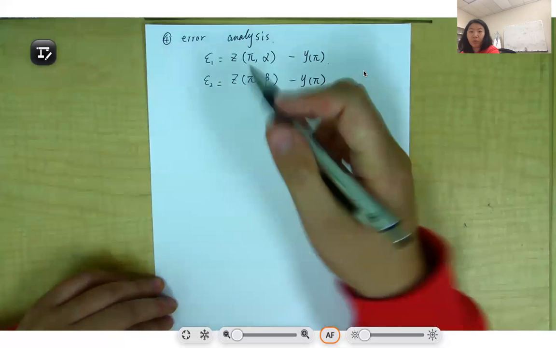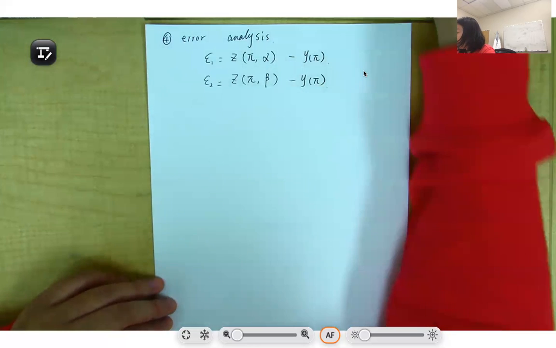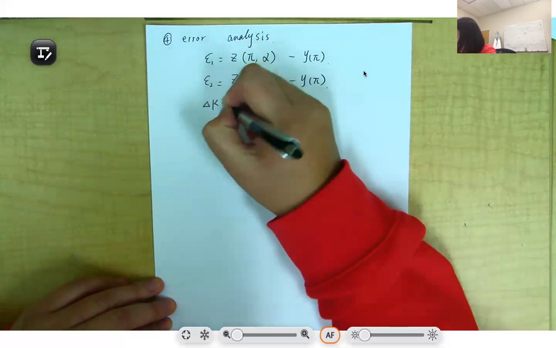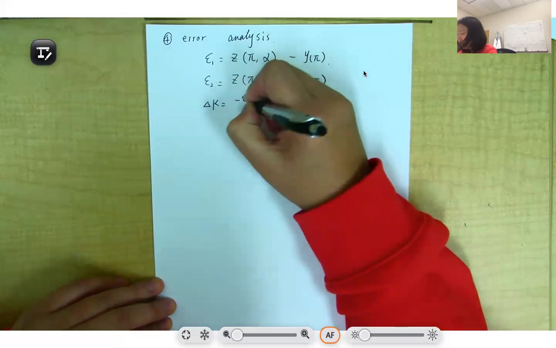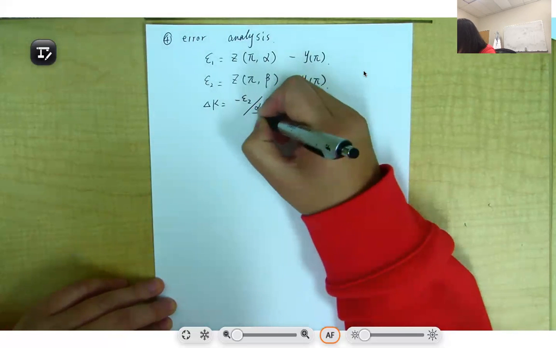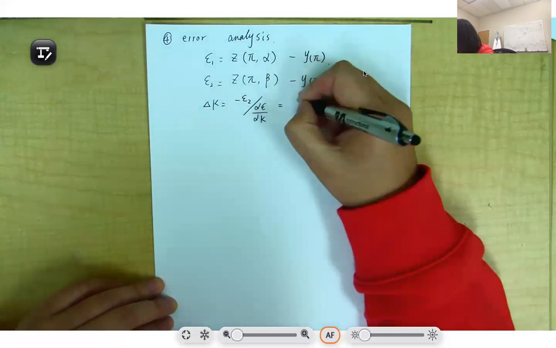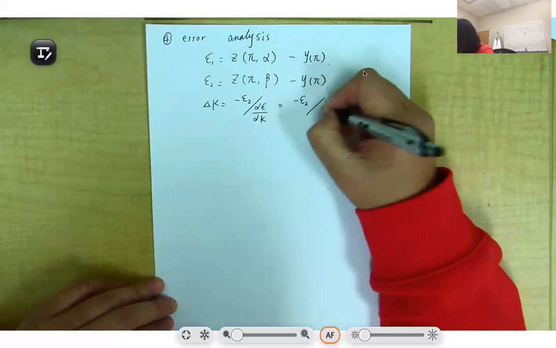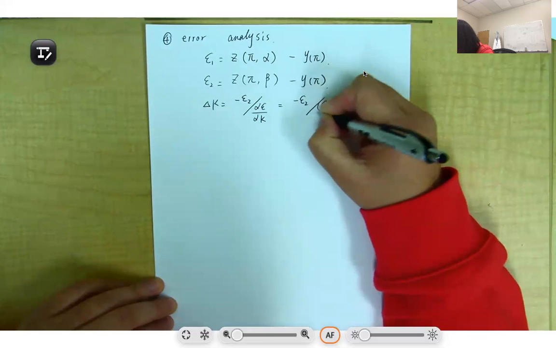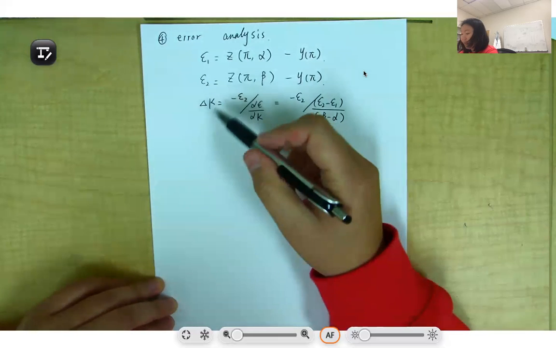So you have these two errors already, and you are trying to figure out what is a better guess. So delta k will be equal to negative error 2 divided by delta error over delta k. And delta error over delta k is error 2 minus error 1 divided by beta minus alpha. So that you figure out delta k.